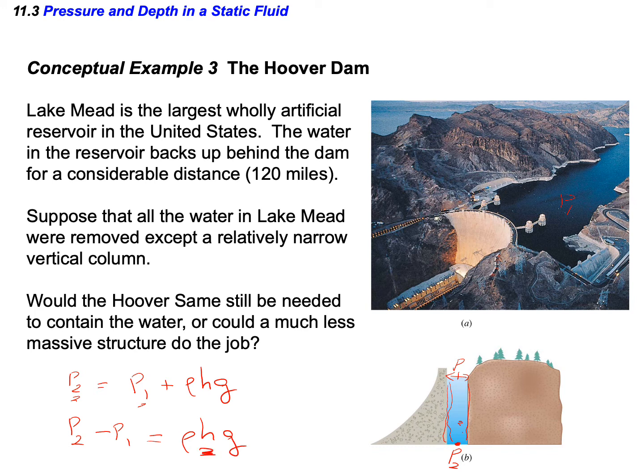So the pressure difference is only related to the density and the height. So if the height is still the same, no matter whether it contains a large amount of water or a small amount of water, if it is the same height, you still have to have the same wall. Otherwise, because of the pressure difference, we cannot keep this water without breaking this wall.